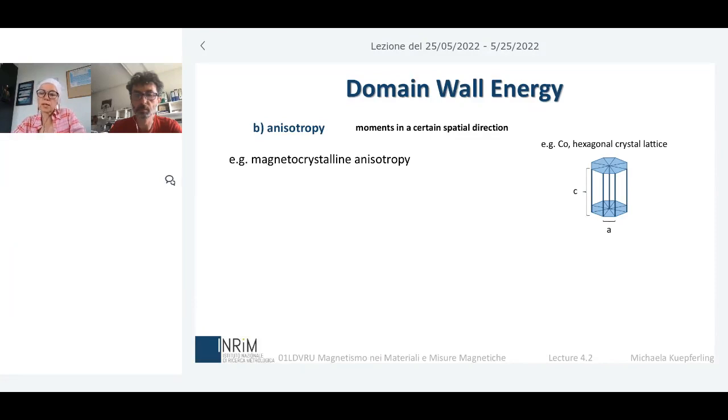Now let's consider anisotropy energy, and let's take the example of magnetocrystalline anisotropy, for example, a uniaxial anisotropy in a certain spatial direction, as is the case for cobalt, which has a hexagonal crystal lattice. Here we have the easy axis in the direction of the Z axis and a hard plane perpendicular to it.